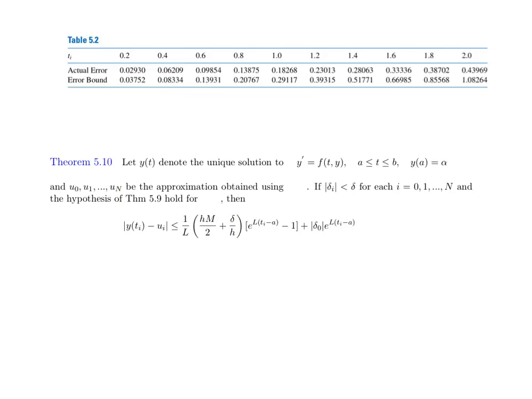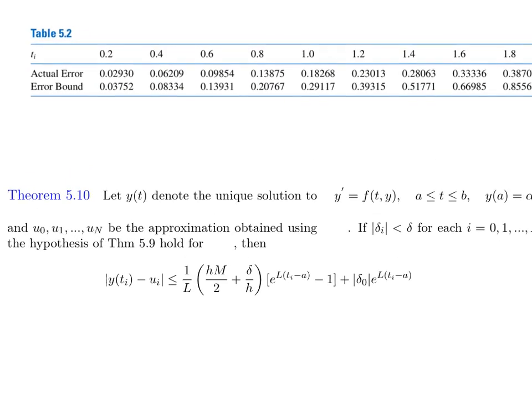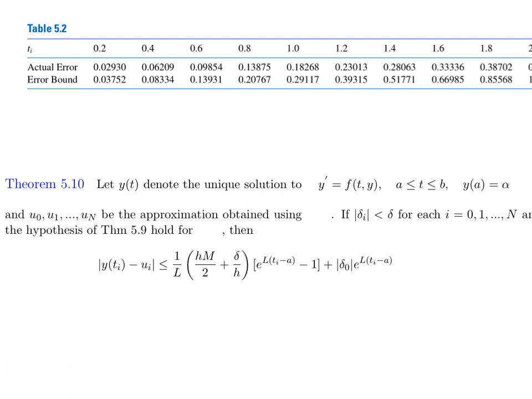Take a look at table 5.2 here, which is comparing the actual error with the error bound that was computed in the previous example.